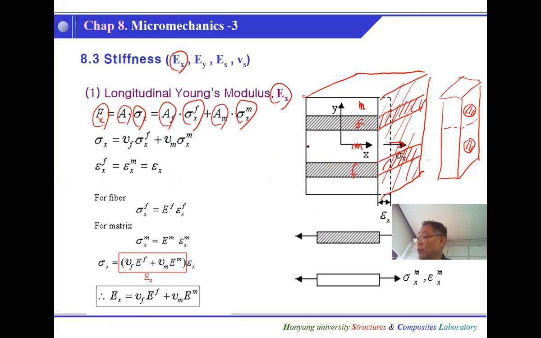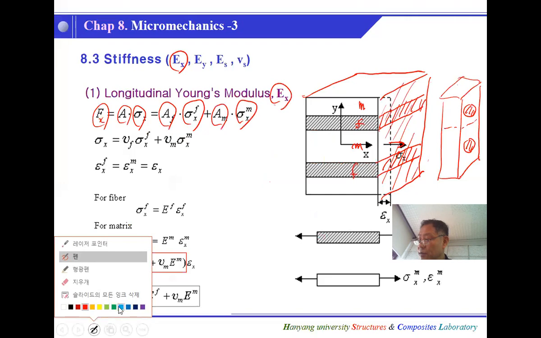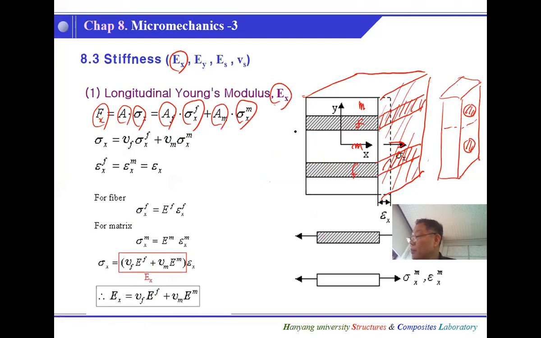I will use a different color. Under this load, what happens is that the strain will be uniform, right? The strain will be uniform, and that is about the amount of the EX.